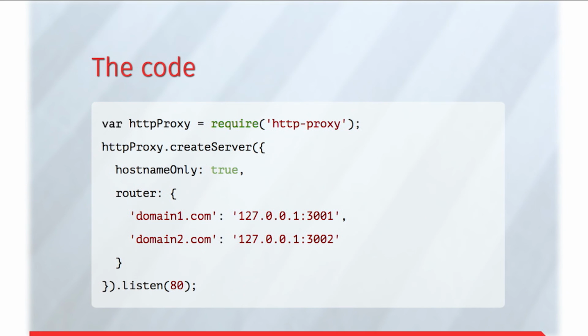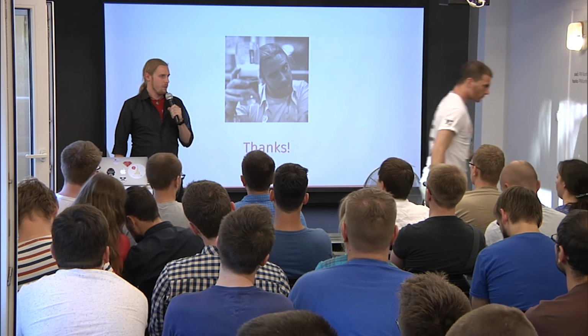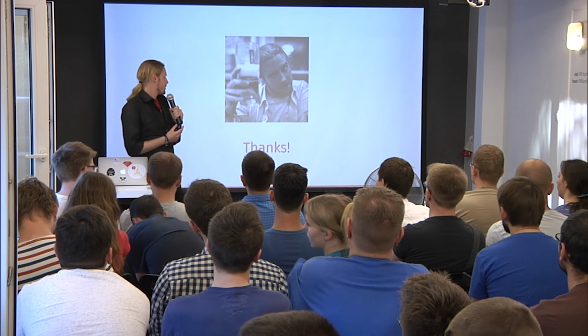That's that. So that's it, as it seems. I hope that my presentation will be helpful to somebody, that I've shown you some useful Node production professional tools. So thank you.